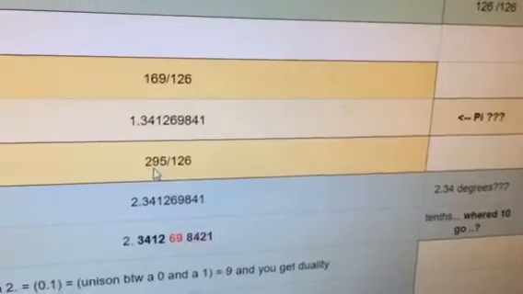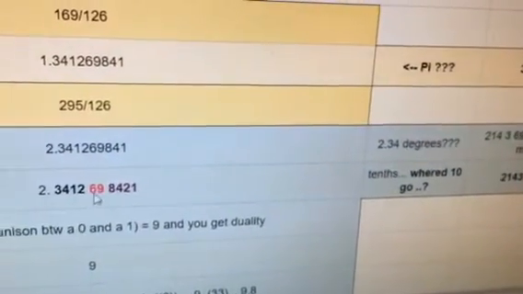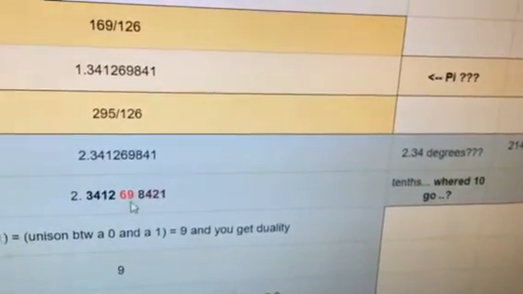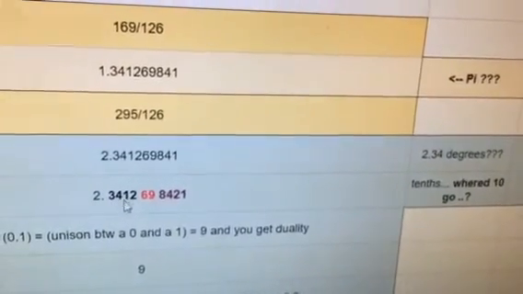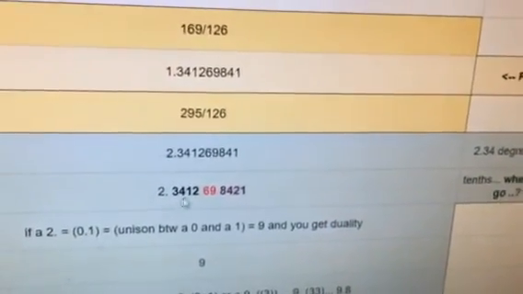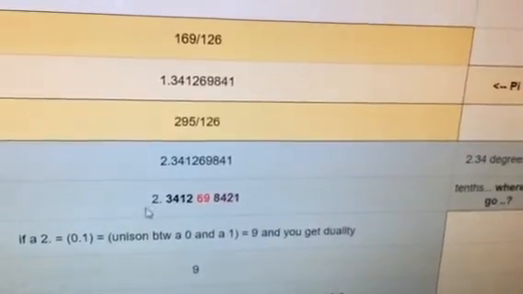And 295 divided by 126 is a rendition of the tilt of the Earth, and a lot of stuff about vortex math, knowledge that 0 is 1, and knowledge about a 9 by 9 matrix. Simple stuff about a 2 is a 1 is a 0 is a 9.